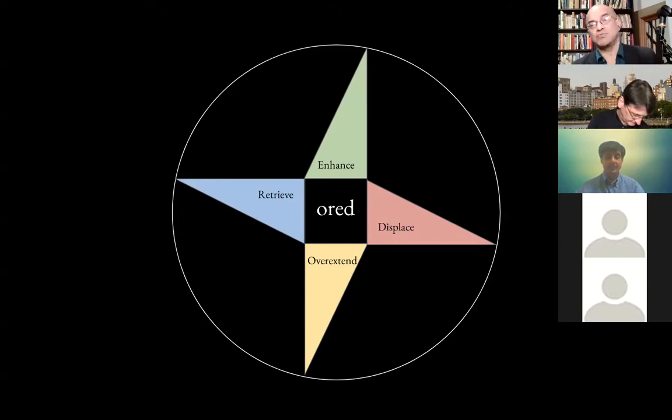Let's take another quick example of TV. What does TV do? What TV is retrieving is performance, your experience of a performance that you would normally get around a fire, with storytelling. That's what it is retrieving, which is something very human. It's a combination of bodily movement, mimetic movement, and oral communication. That's what it is bringing back. How is it enhancing it?